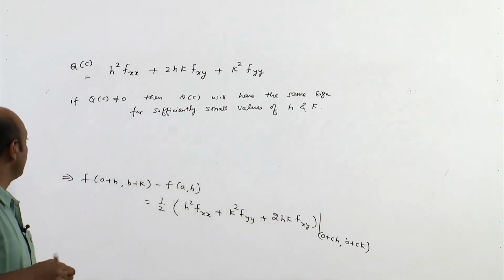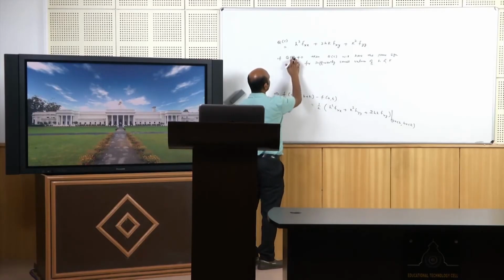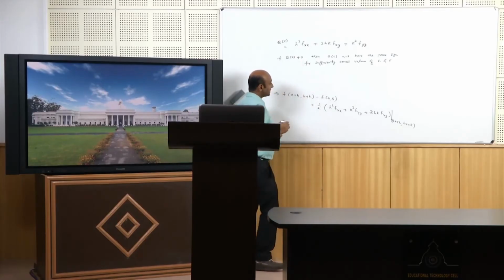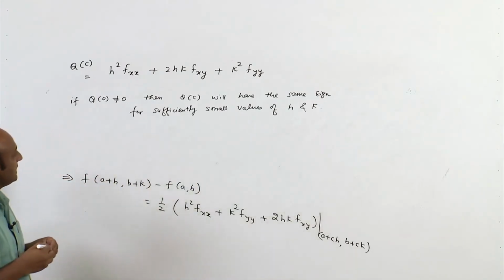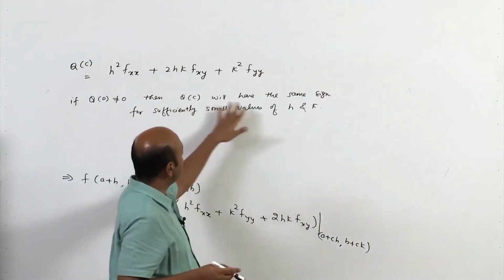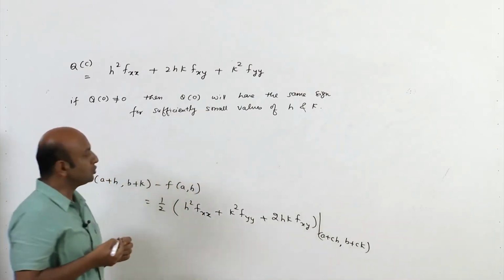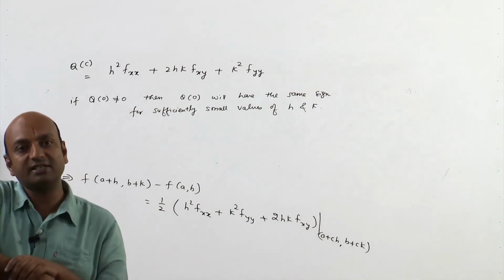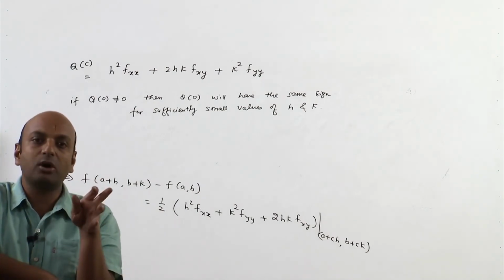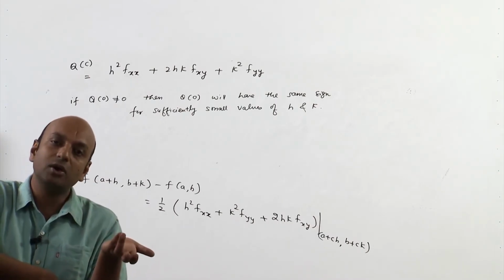If Q0, you can say Q0, take c as 0. If Q0 is not equal to 0, then Q0 will have the same sign for sufficiently small values of h and k. You can always take small values of h and k for which Qc will have the same sign, no matter what c you are taking.